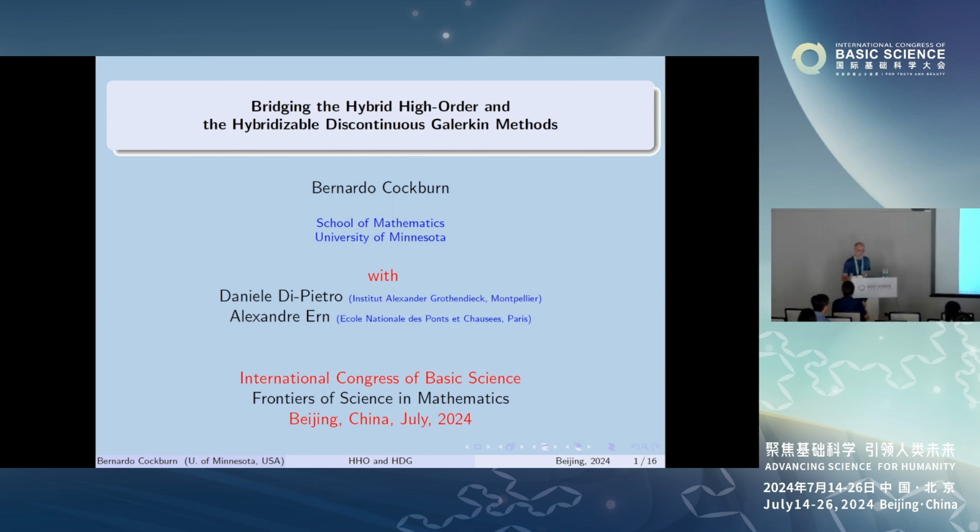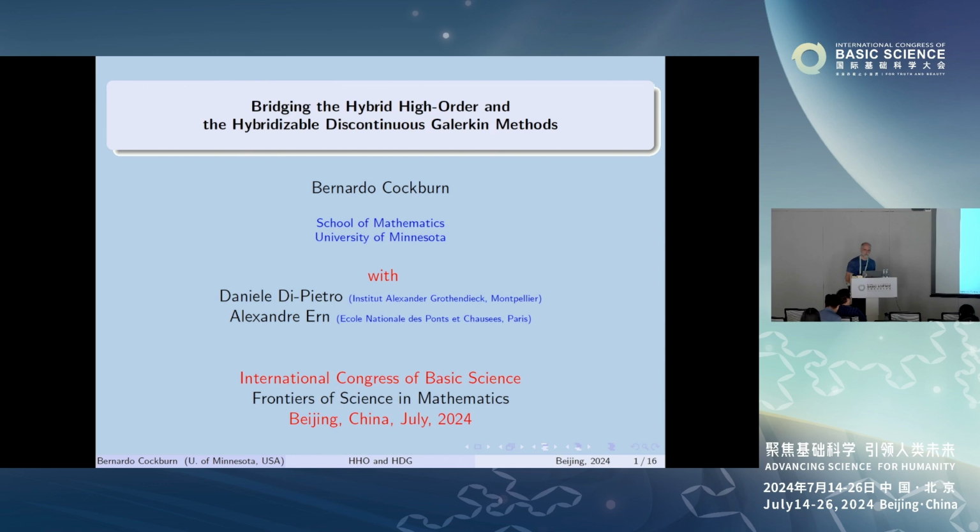Thank you very much. What I would like to do today is to tell you something about an unexpected collaboration I had with Daniele Di Pietro, who is in the Alexander Grothendieck Institute in Montpellier, and with Alexandre Ern, who is in the École Nationale des Ponts et Chaussées in Paris.